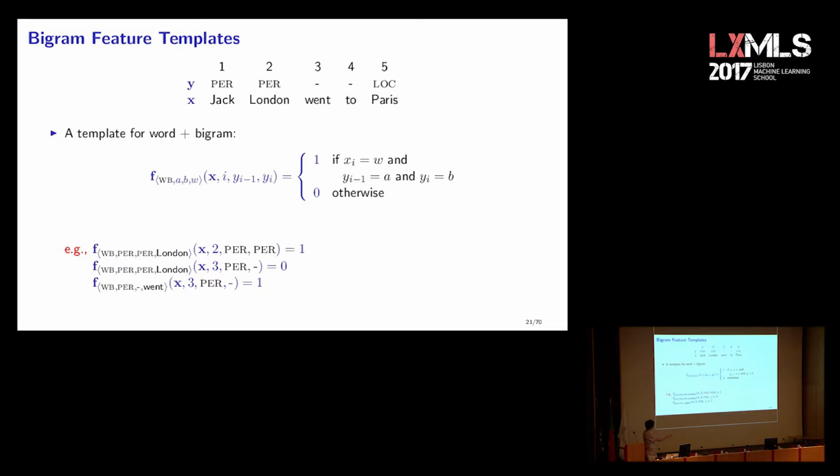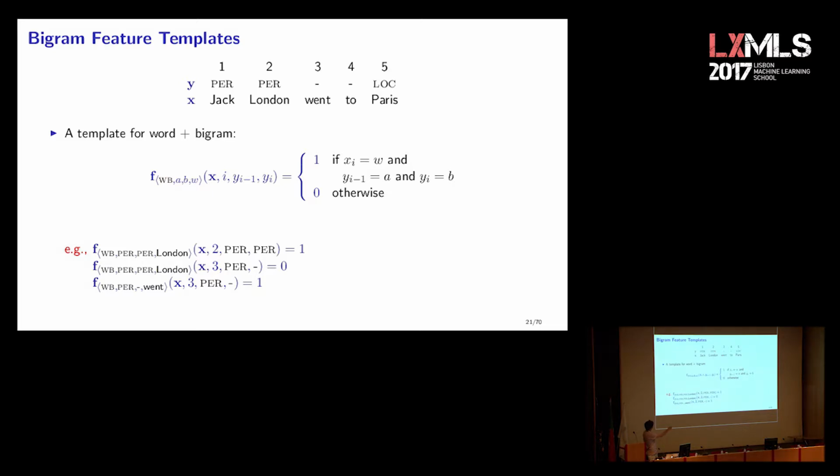If I give value to A and B to be person, and to the word to be London, now I capture that I have person, person, London. Here I'm evaluating the template at position 2, and the same template, the same feature, I'm evaluating at position 3, okay?